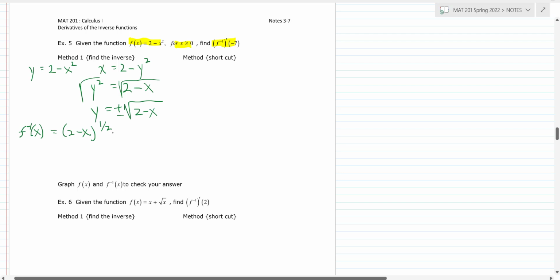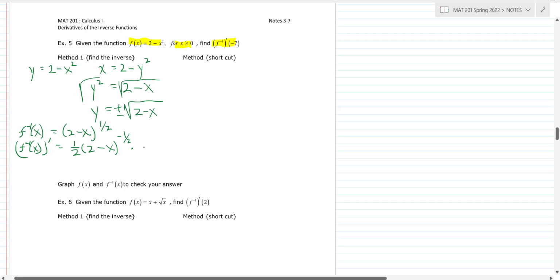Okay, so we can find the inverse on this function pretty easily. A lot of times on these problems, it's impossible to do the inverse algebraically. So I'm going to go ahead and do the derivative. This is chain rule, so I've got 1/2 times 2 minus x to the -1/2, and then I have to multiply by the derivative of what's inside.